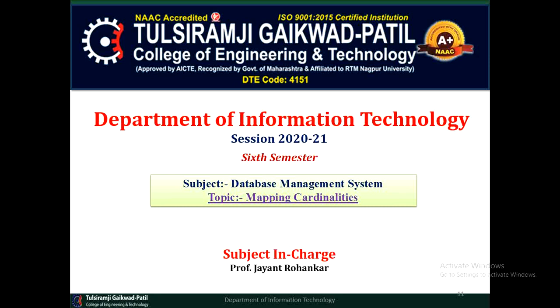So today we are going to learn about mapping cardinalities. This is the topic of the subject database management system. So what does mapping cardinality mean? Mapping cardinalities or cardinality ratio express the number of entities which are associated with another entity and can be associated via the relationship set.